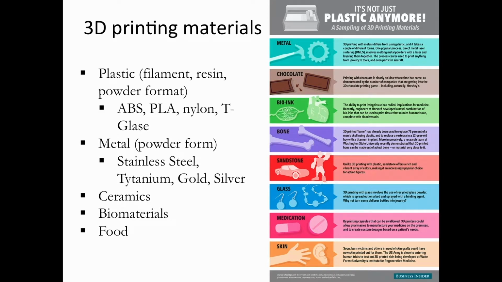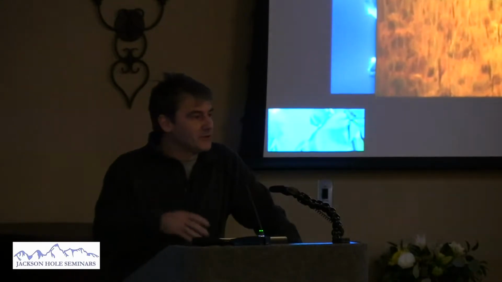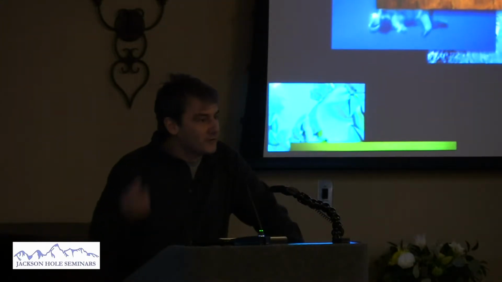But now there is a great research on metal in order to work with gold, with silver for jewels, for example, or in the aeronaval industry. Research on metal material is a great and important development for 3D printing. But you can also use ceramics, you can use biomaterial, and you can use food.